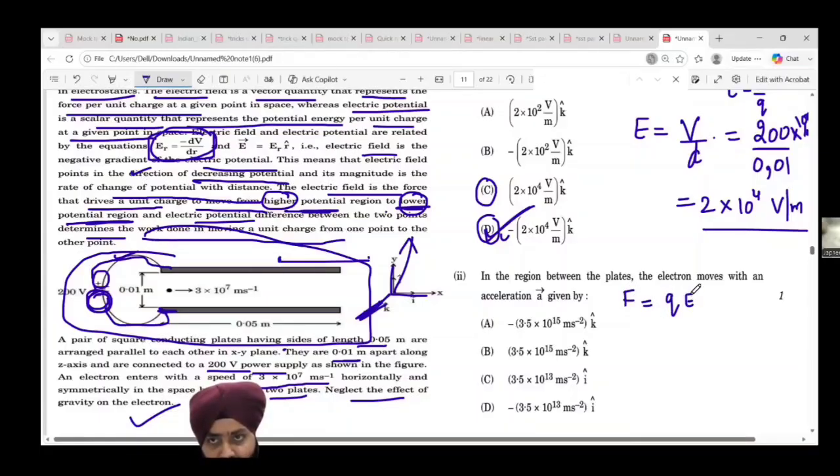F equals to QE. Where is your charge? Charge on electron. You know what's the charge on electron? Put the value. Minus 1.6 into 10 raised to power minus 19 Coulomb.